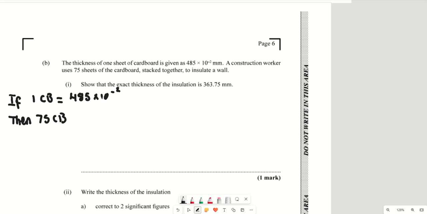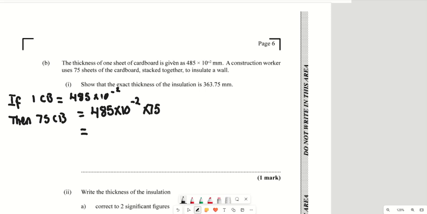Now think about it in a smaller way. If one apple is $2, how much would 7 apples be? It would be the cost of one, which is $2, multiplied by 7. Same concept here. If one cardboard is this, then 75 cardboards would be 485 multiplied by 10 to the negative 2 multiplied by 75, right?